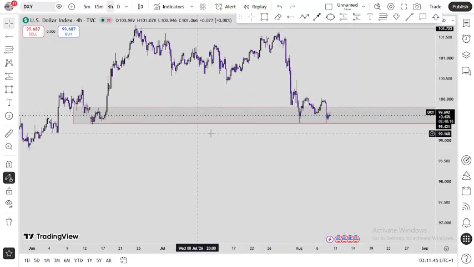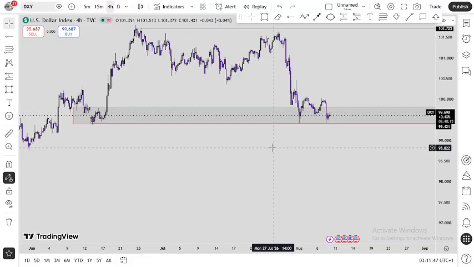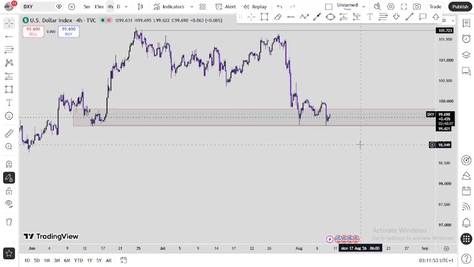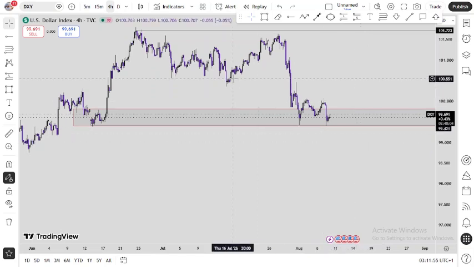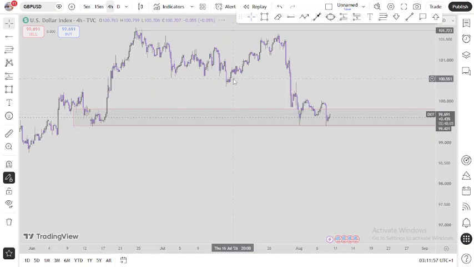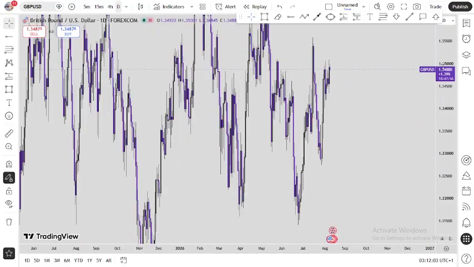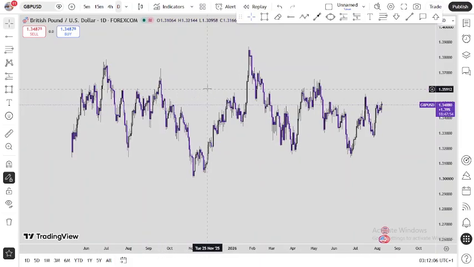So what we'll be looking for is extra confirmation for the dollar to actually break these areas and then continue down. The reason why we were checking out the dollar is to give us clearer directions and inform us better as to what pairs like GBP USD will do going into the week.